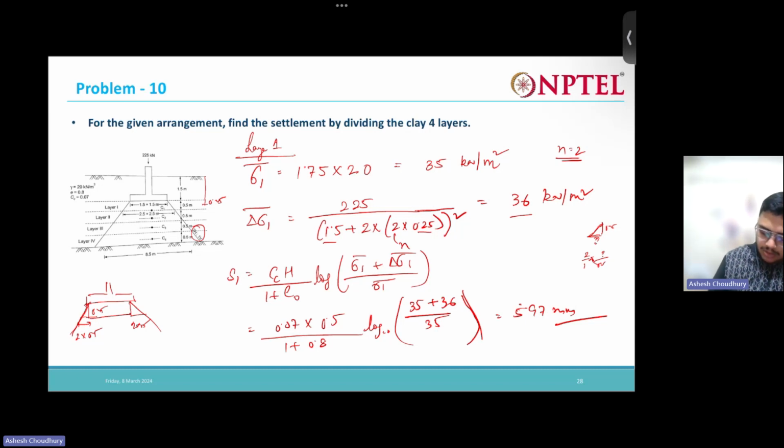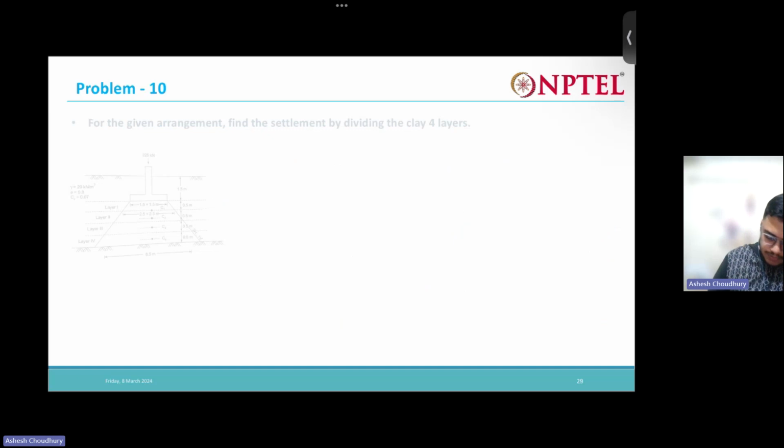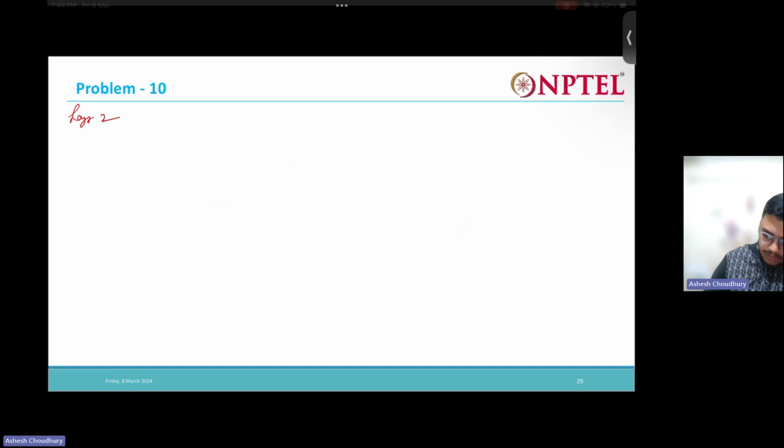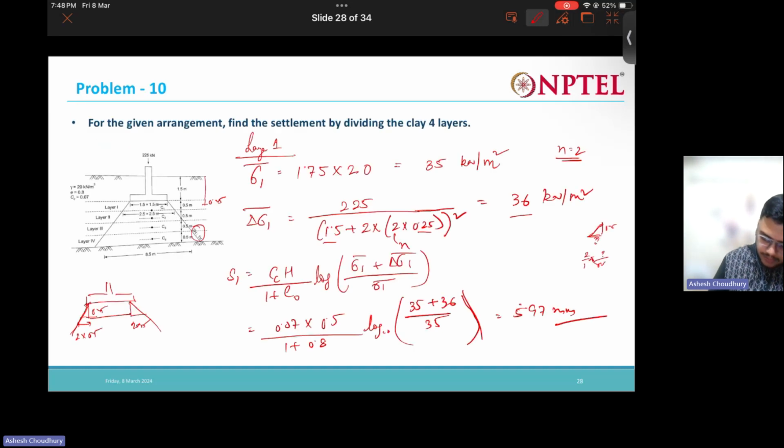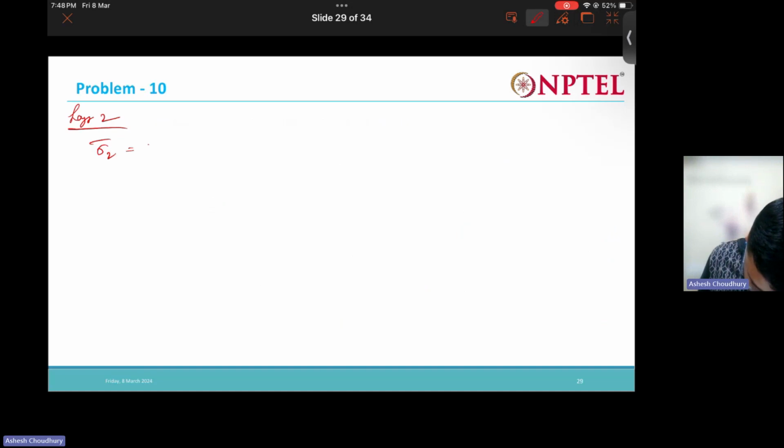Okay, that's how we are doing it. Now again for layer 2 let us do the same. Layer 2, what will be this gamma 2? So what is the height? 1.5 into 2.25 into 20, isn't it? 2.25 into 20, so 45.